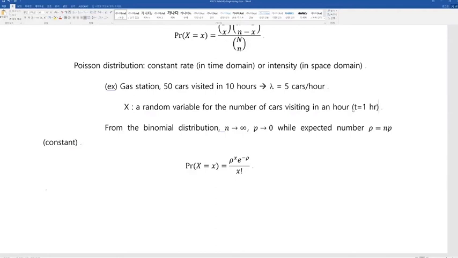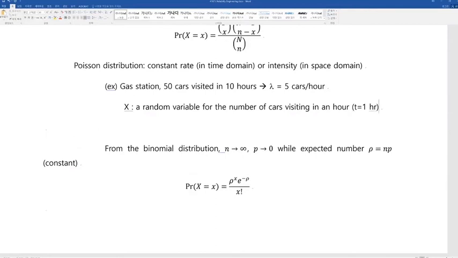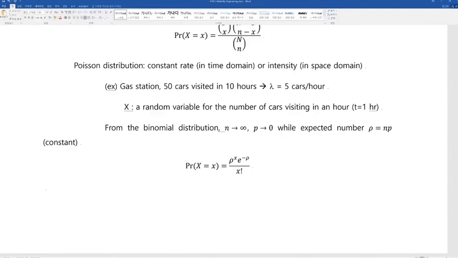And then in this case, rho would be the expected number, lambda multiplied with t. So the expected number for an hour would be simply 5 cars per hour, 5 cars.